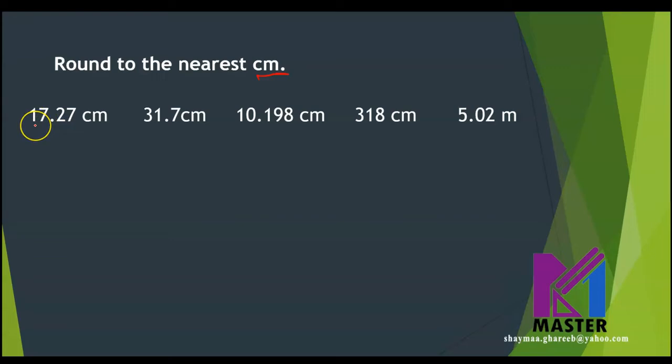So this 17 will be rounded up or down? Down. Why? Because there is 2 in the tenths place. So it will be 17 centimeters. 31.7 centimeters will be rounded up. Why? Because it has 7 in the tenths place. So it will be 32 centimeters.